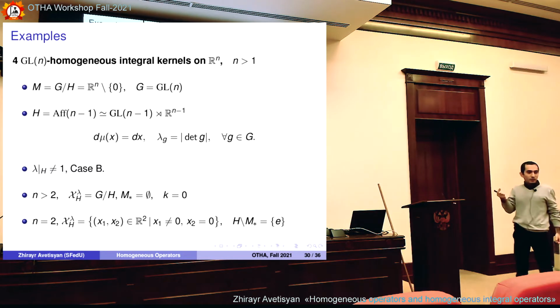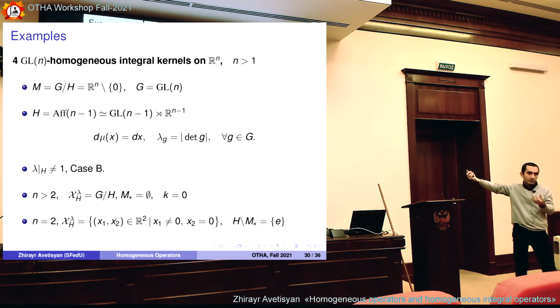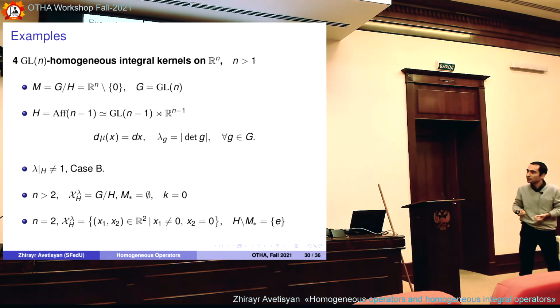Now remember that we made a bijective correspondence between all strongly homogeneous kernels on one hand and all sections on a bundle over this space on the other hand. If the base of the bundle is one point, then the space of sections is a one-dimensional vector space. This shows you that the space of all homogeneous kernels is a one-dimensional space. You have up to a constant a unique homogeneous kernel in this case.